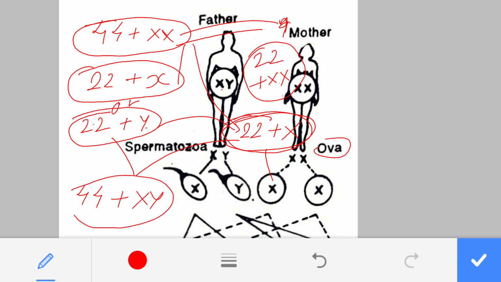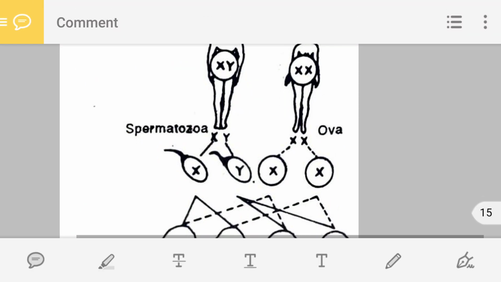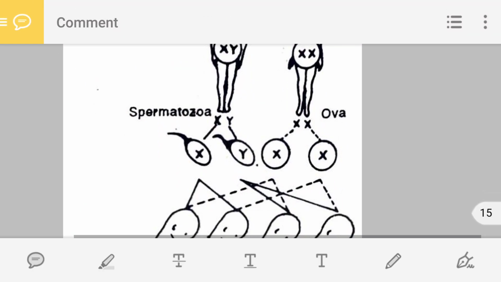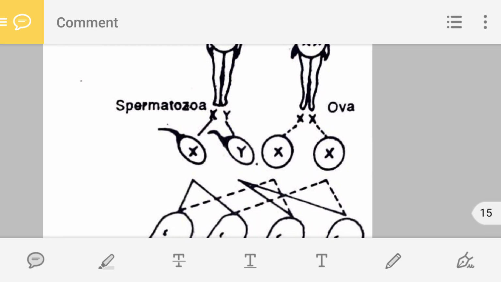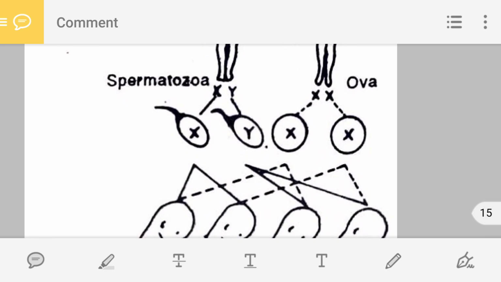Again, cleavage, morula, blastocyst, implantation, pregnancy. After 9 months of pregnancy, this time the mother will give birth to a baby boy.